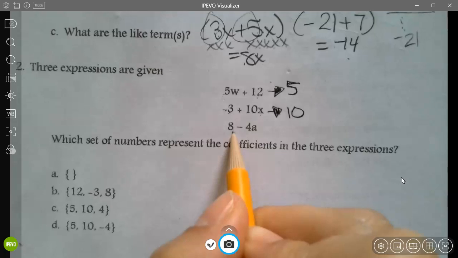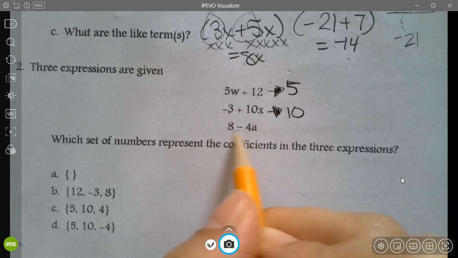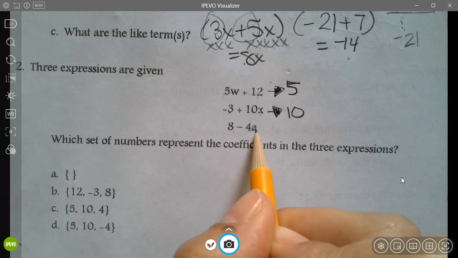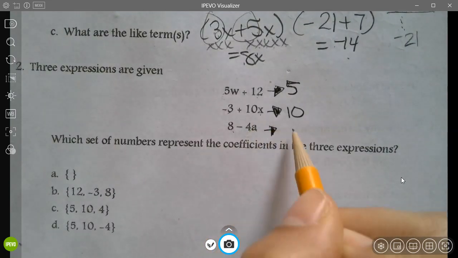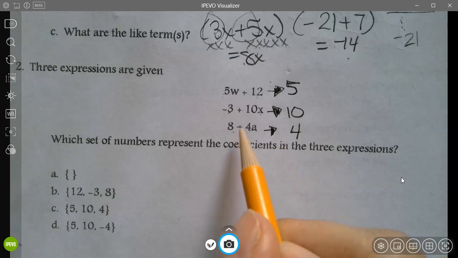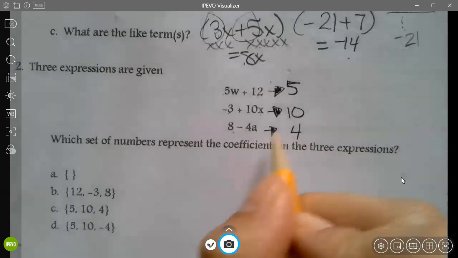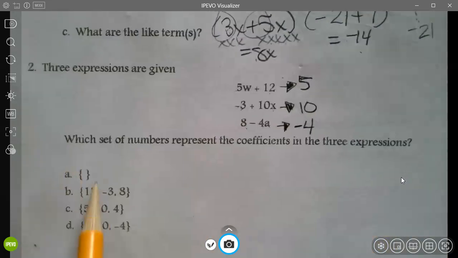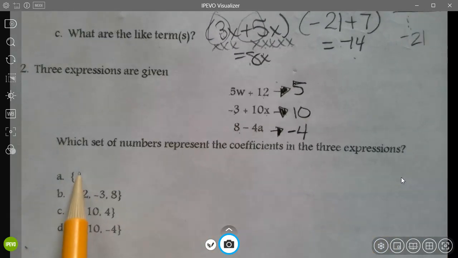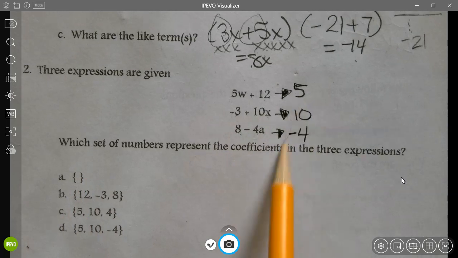And down here, doesn't have a variable, so that's a constant. This has a variable. What number's with it? 4. However, what's in front of that 4? A negative. So I need to make sure I put my negative. And after I've done that, I just look down here. This is saying it doesn't have coefficients. They do.